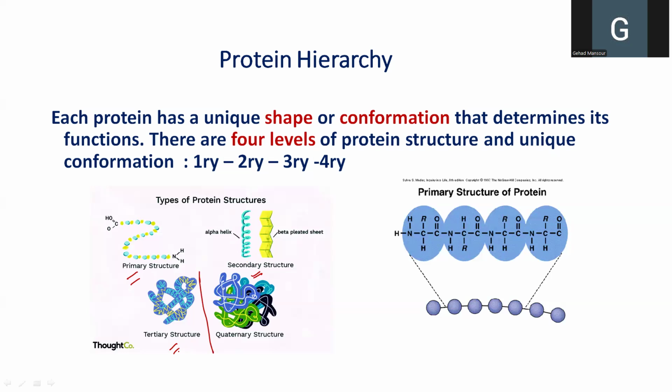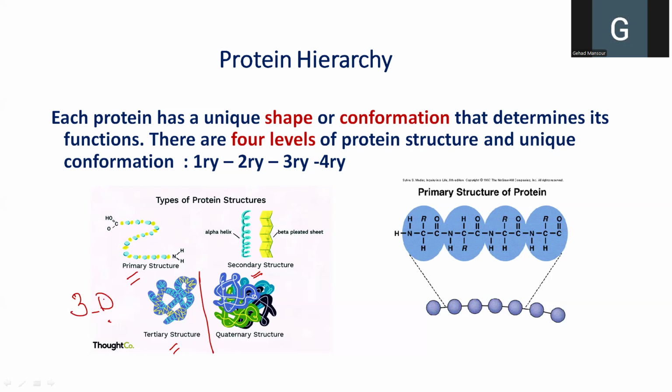It is linear. In the secondary structure, you have some degree of folding in a helical way or in a pleated way. But in the tertiary structure, this is still more and more folded. So we have more complexity, and that further folding and that more complex structure makes the tertiary structure three-dimensional.